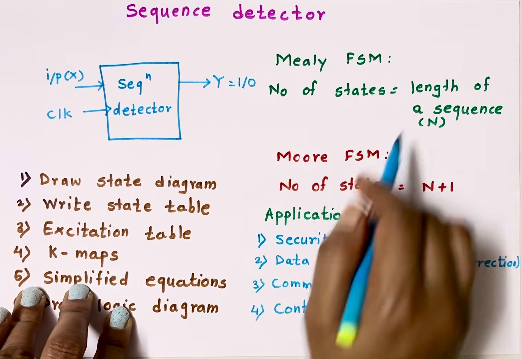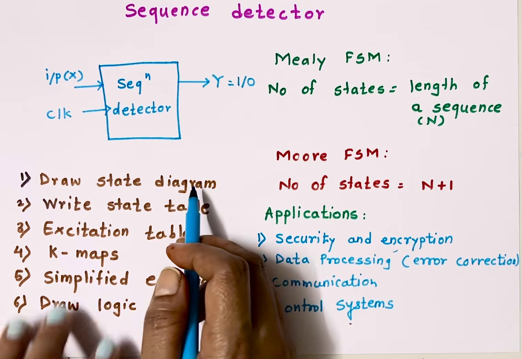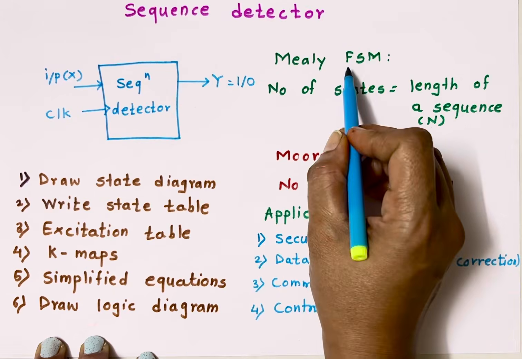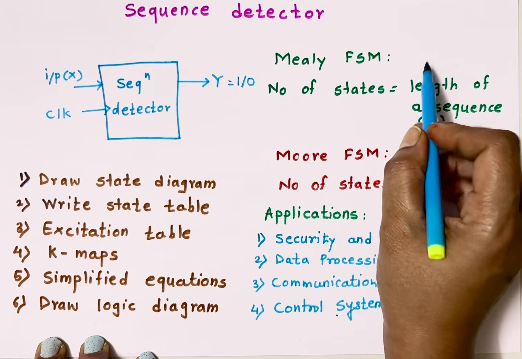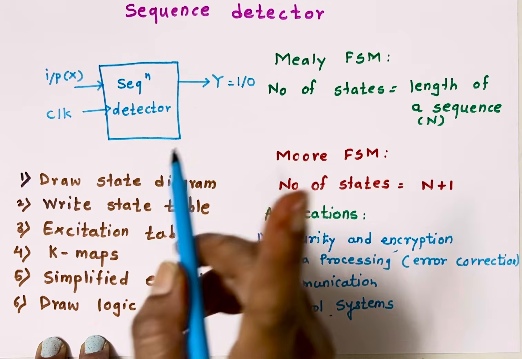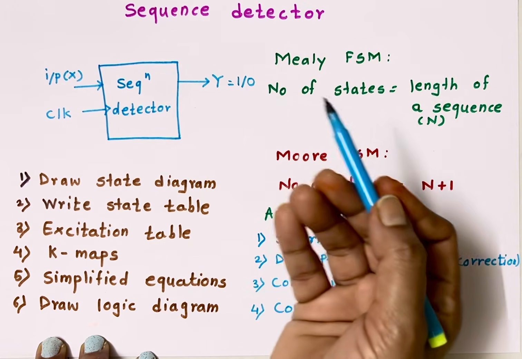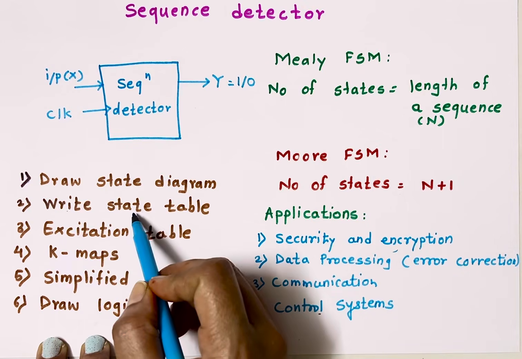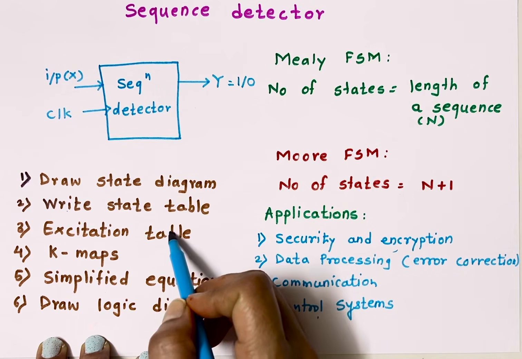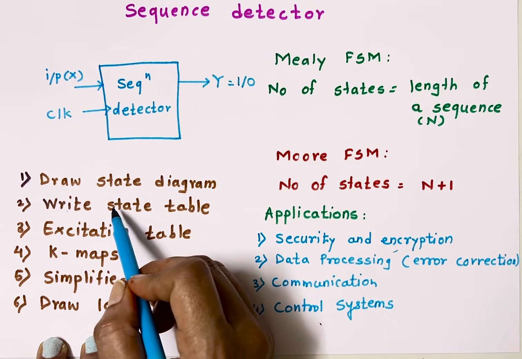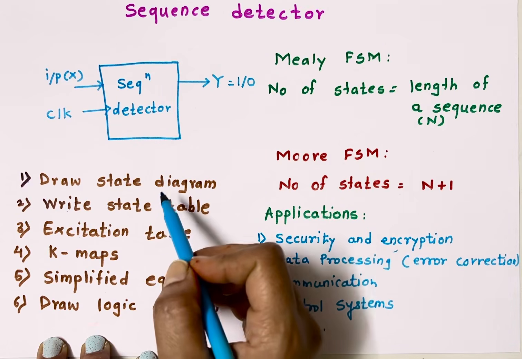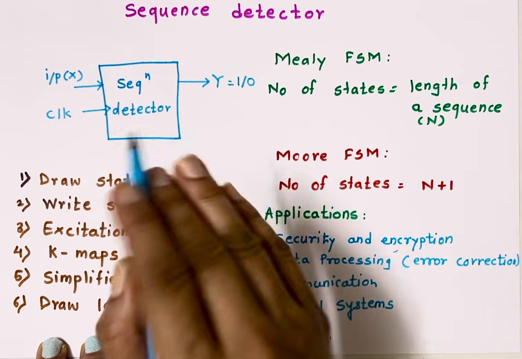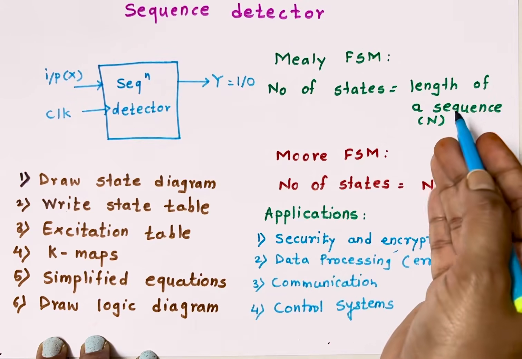To design sequence detectors, we need to follow a few steps. Very first, we can design it using finite state machines, so we need to draw the state diagram first. After drawing the state diagram, we need to write the state table from it. In the state table, we come to know what my present output, present state, and next state will be.